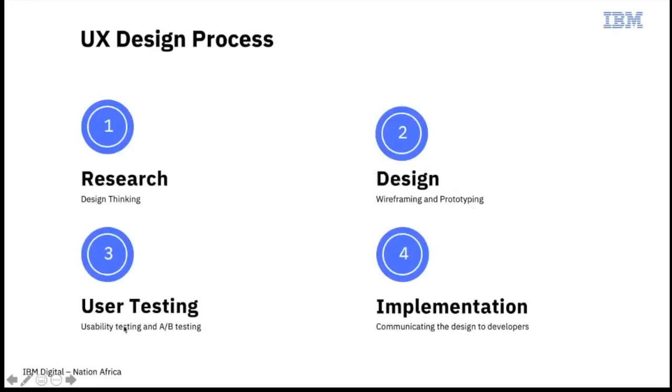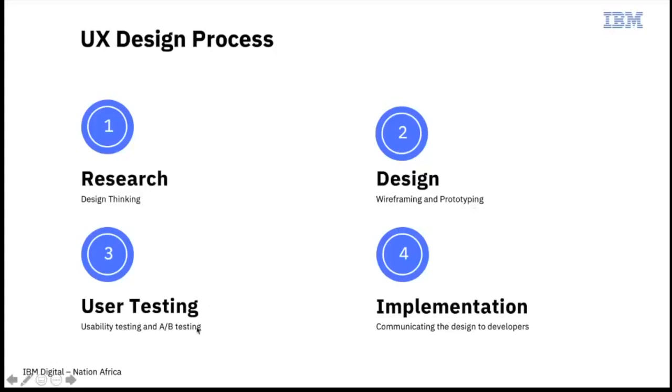So the wireframe or the prototype that you have created, you test it with real users, you sit with them, you make them interact with your design, and based on your observation, you can identify what are the areas that you want to improve on, or if your design is perfect and you can go ahead with implementation.